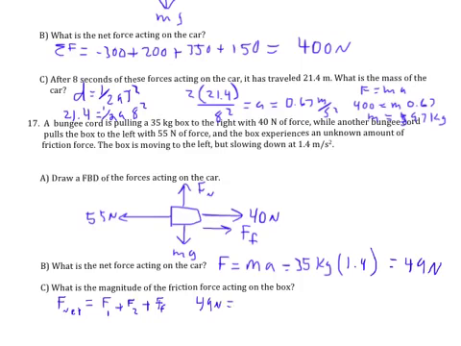And I have a force of negative 55 plus positive 40 plus the force of friction. When I solve that for the force of friction, what I'm going to get is the force of friction equals 64 newtons in the positive direction.